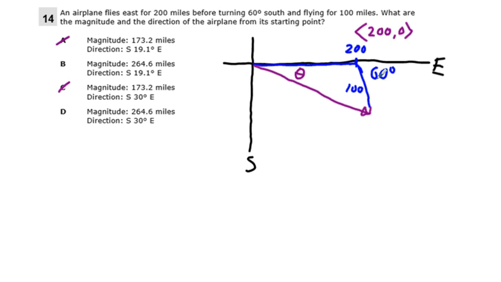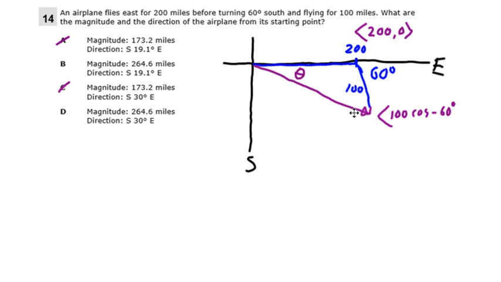And for this one, 60 degrees south, we can write this one as 100 cosine negative 60 degrees. And we can write this other coordinate.